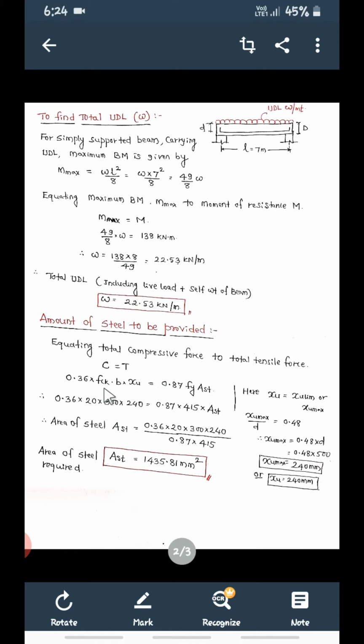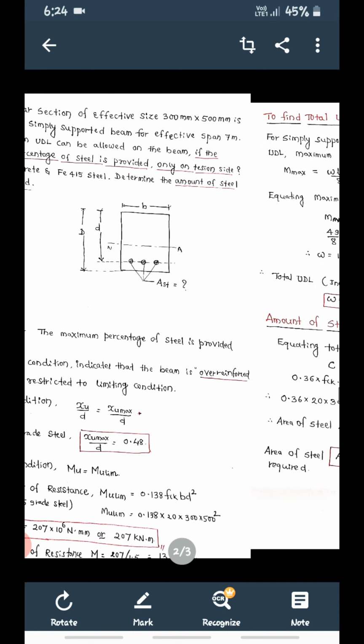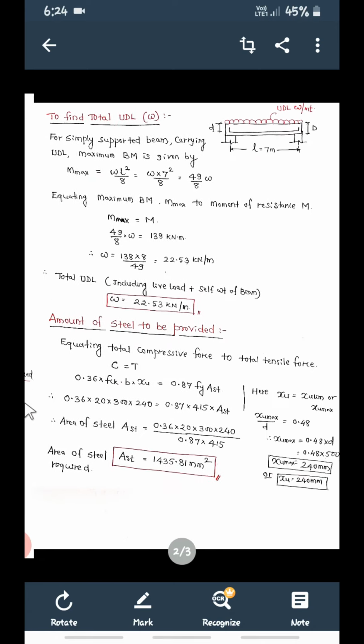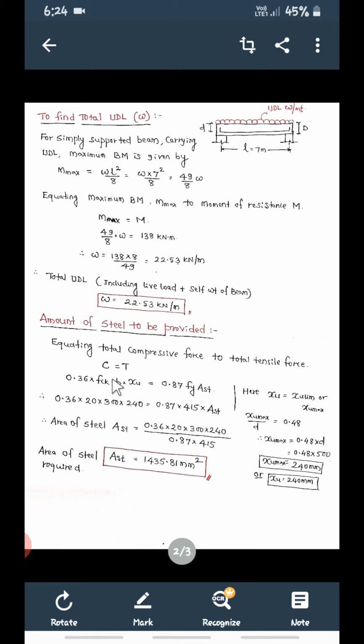It is stress into area of concrete. Now see, this is the concrete and this is the steel bar, so only this area of concrete is B into Xu. This is the neutral axis depth, no? So what is the area of this concrete? B into Xu. So the total force is stress into area.